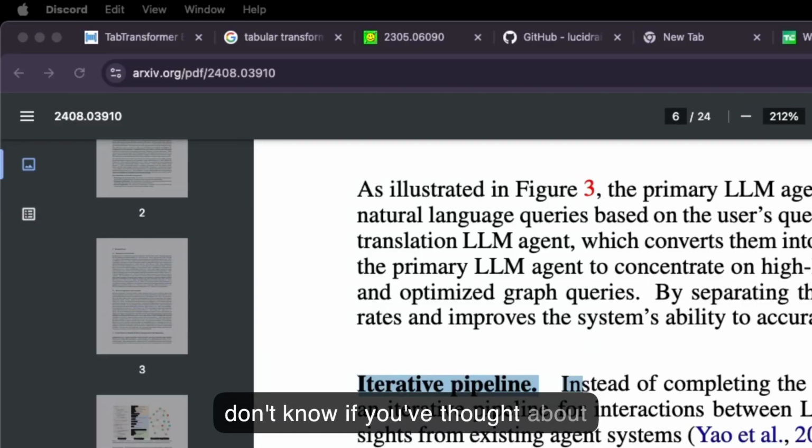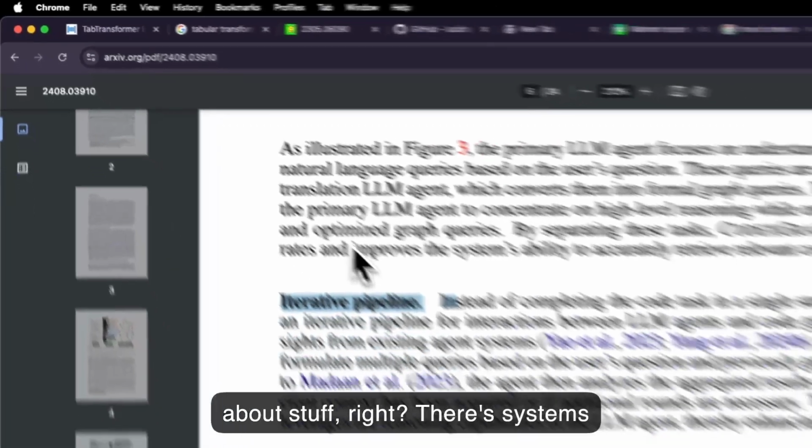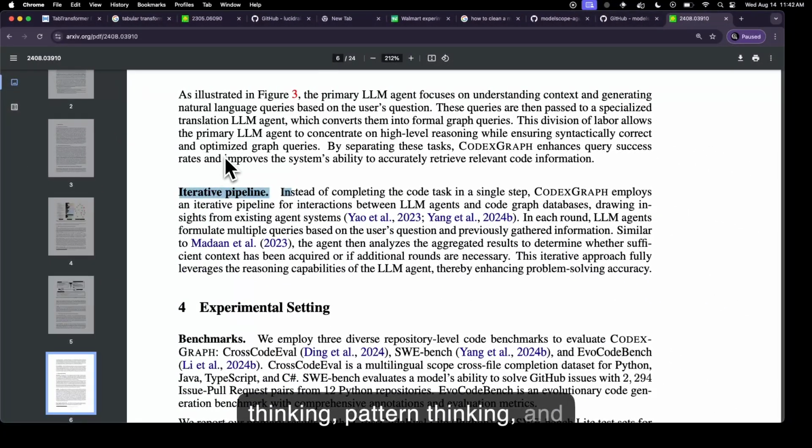And I don't know if you've thought about this, but there are different ways to think about stuff, right? There's systems thinking, pattern thinking, and category thinking. To input stuff into LLMs, at the final stage you have to be really good at categorization. But if you're not, you can also just describe stuff to them and get the proper names to know the categories and the keywords.